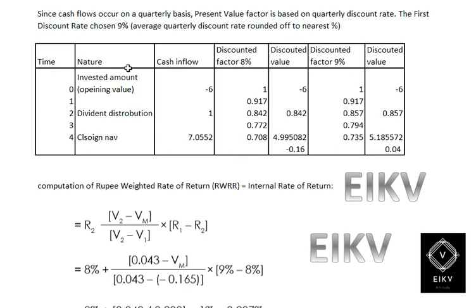So here there is a table containing 6 columns. Number 1, time 0, 1, 2, 3, 4. Then we have the nature, investment amount, opening value, dividend distribution, and closing, which give the cash flow, then discounting factor of 8%, then discounted value at 8%, discounting factor at 9%, and discounted value at 9%.